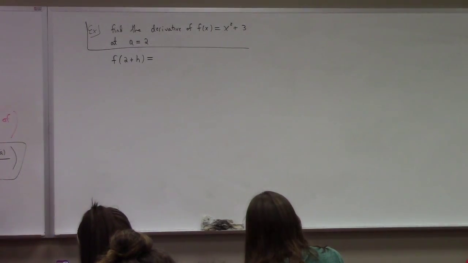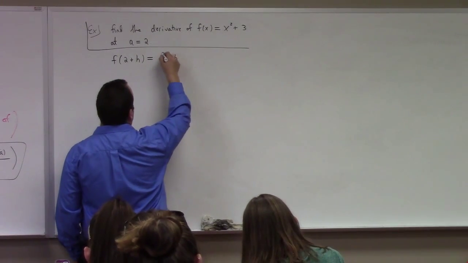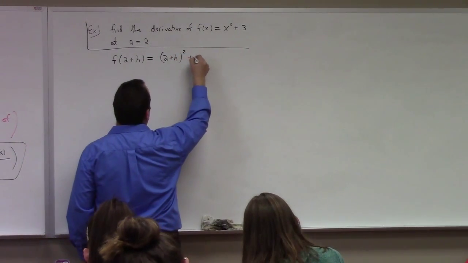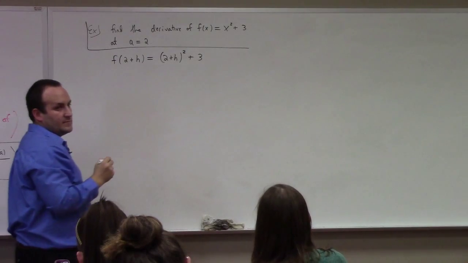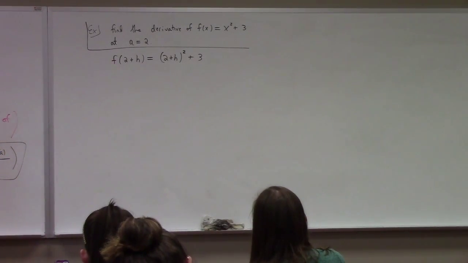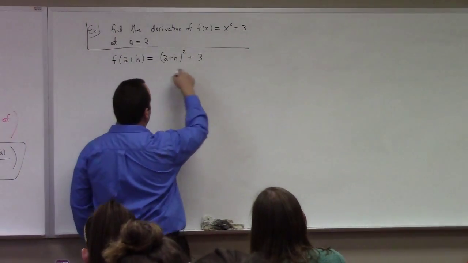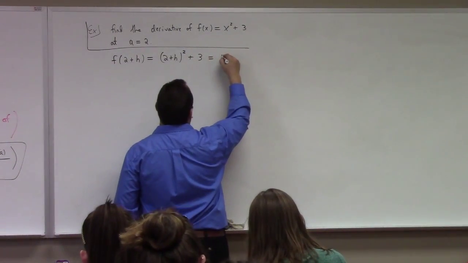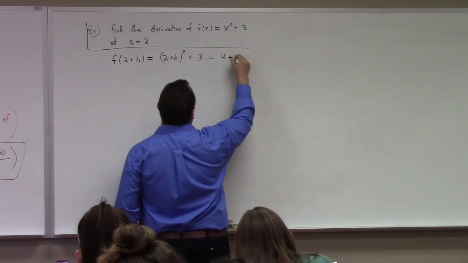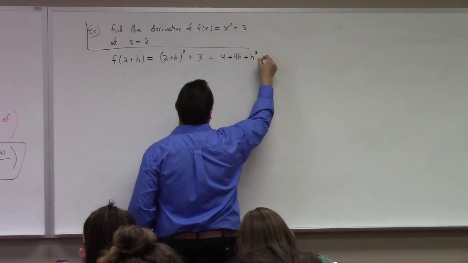What does that mean? We plug in 2 plus h for x, we square that, and then we add 3, right? That's why it's important for you to understand the composition of functions. We're composing f with the function 2 plus h. Now you FOIL this out, what do you get? You get yourself a 4 plus 4h plus h squared plus 3.